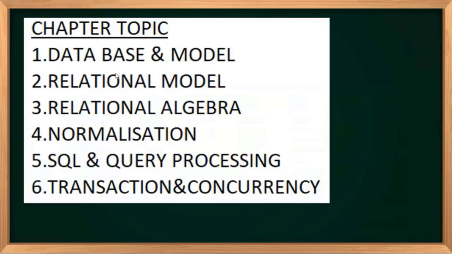For chapter-wise classification: database and different models, relational model, relational algebra, normalization process, SQL and query processing languages, transaction and concurrency. We plan to discuss these portions under six chapter-wise topics.